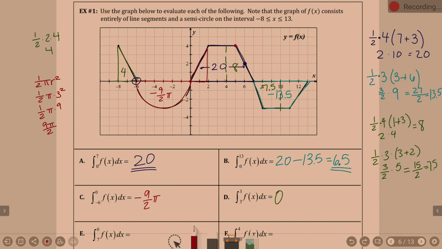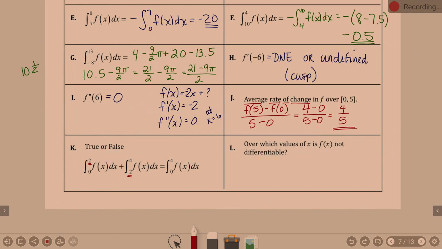Honestly, looking at my screen, this piece is going to be the 20, take away the 8, which is 12. So logically it makes sense, yes? So 4 plus 8 does indeed equal 12, and it is true. Important property to know.